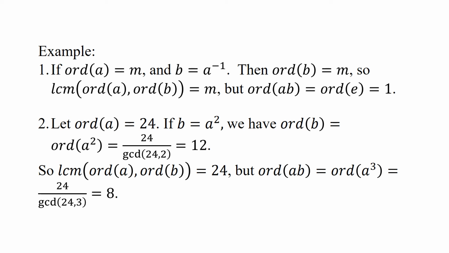Least common multiple of those two integers is 24. But when I compute the order of A times B, that's the order of A cubed. And the order of A cubed, using my formula, is 8. So the least common multiple of order A and order B is 24, but the order of AB is 8, a divisor of 24, but not equal to 24.